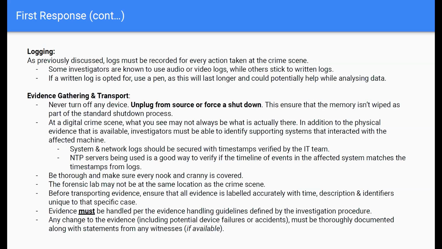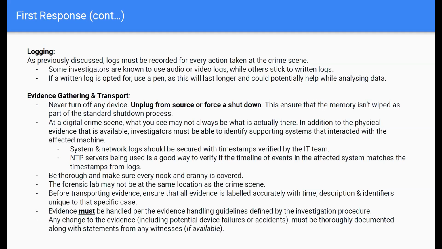In a digital crime scene, what you may see may not always be what is actually there. In addition to the physical evidence that is available, investigators must be able to identify supporting systems that interacted with the affected machine. So again, system and network logs should be secured with timestamps verified by the IT team.